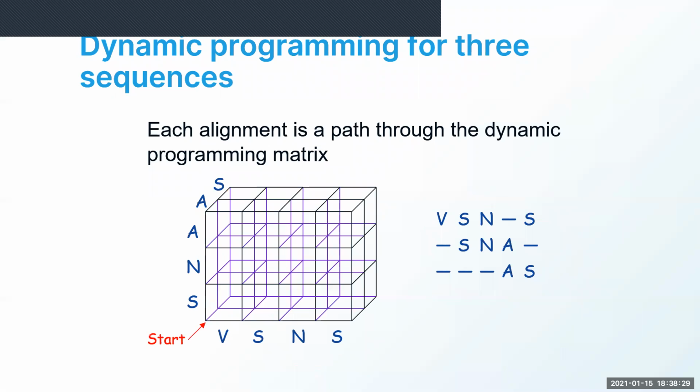So our resulting path is like this, right? So you have V, right? V. So this is a gap. Then S. So there are S here. Then N, right? Then A, right? Then we have this AS, right? So this is a 2D motion.